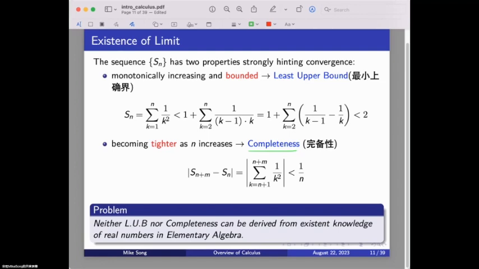Indeed, we know nothing about real numbers in elementary algebra besides that they are composed of rational numbers and irrational numbers. And so the loophole will lead us to build our theory of real numbers first.